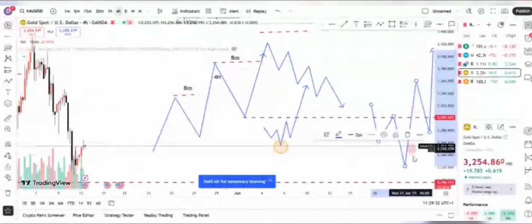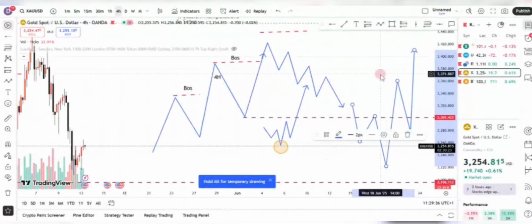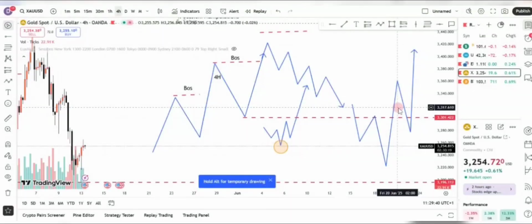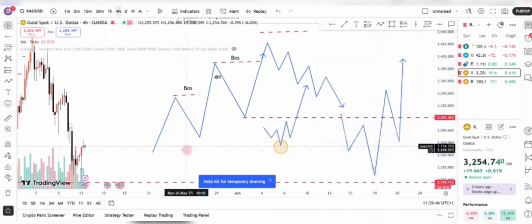So look, I'm showing you the same thing, but pay attention this time. This thing is the same as this thing. Okay? So this is a fair value gap, for instance. You can see there's a big candle with imbalance.